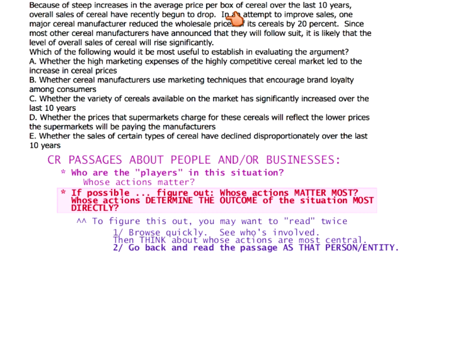We're talking about sales of cereal, manufacturers, and so on. But can you tell me, in this whole situation, whose actions ultimately determine what will happen to sales of cereal?